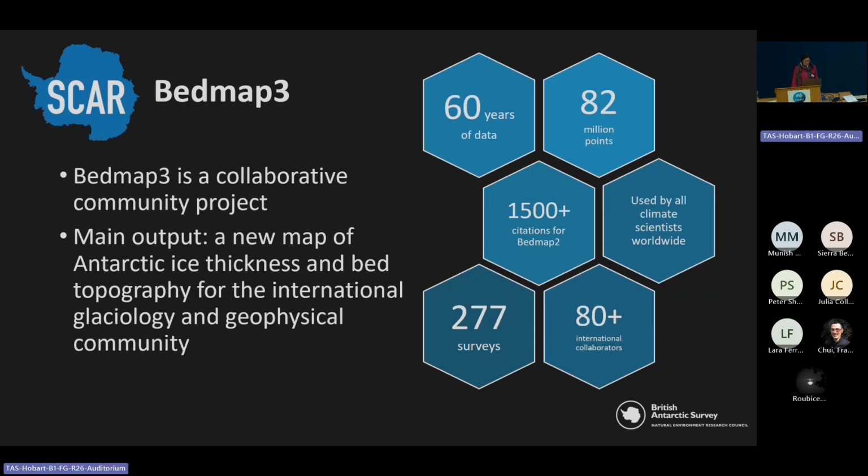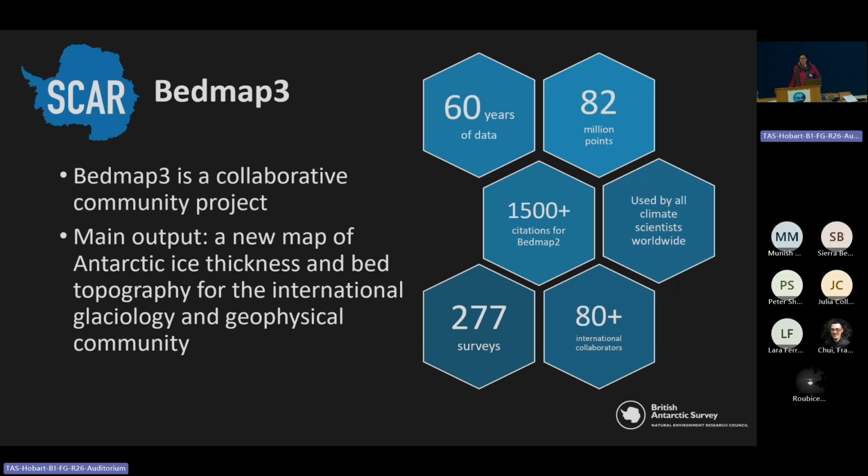So Bedmap3 is a collaborative community project that has been endorsed by SCAR, the Scientific Committee on Antarctic Research. The main output is a new map of Antarctic ice thickness and bed topography for the international glaciology and geophysical community.